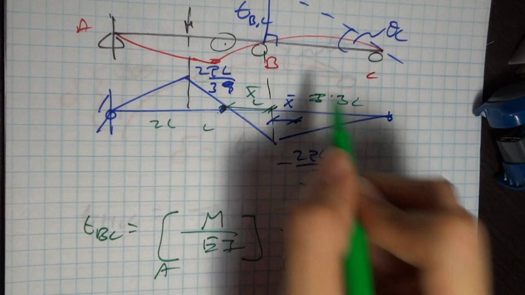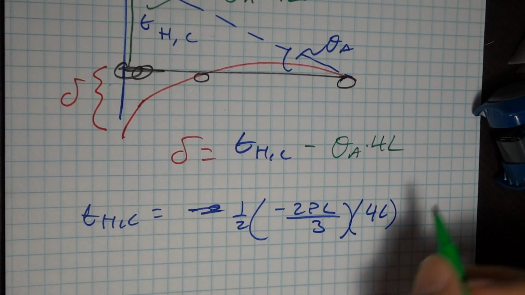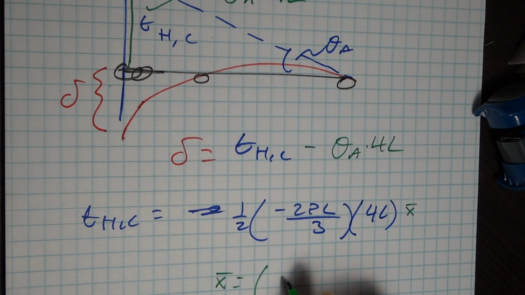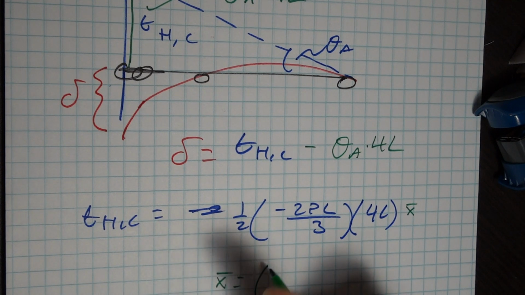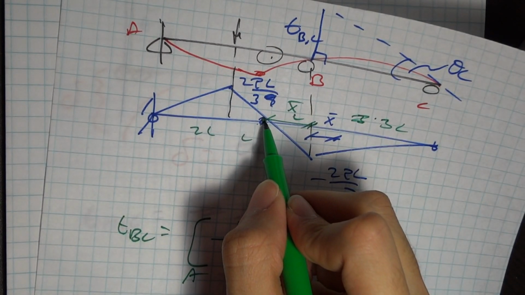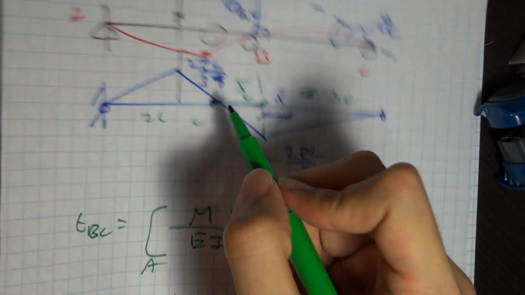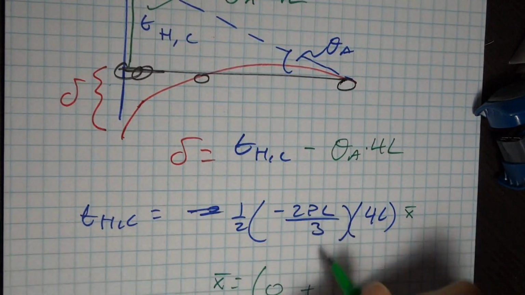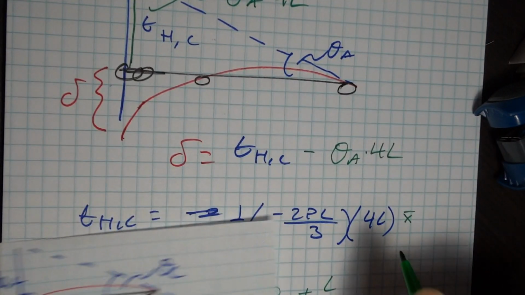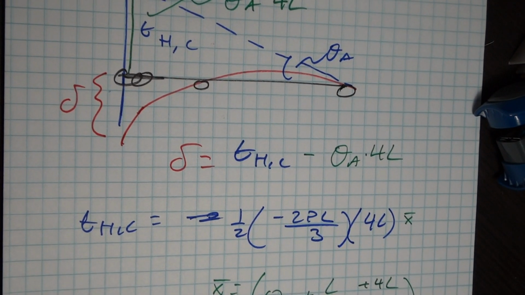That X bar is equal to the distance from the first coordinate to B, which is 0. This point is 0 units away from the hinge. This point is L units away from the hinge. This point is 4L units away from the hinge. Divided by 3. That'll be X bar.